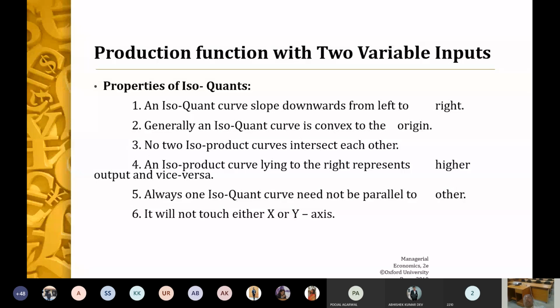So the one on the right will definitely be producing a higher quantity. One isoquant curve need not be parallel to the other. It can be, but it need not always be parallel. It will not touch either the X or Y axis. These are the 6 properties of isoquants which you will need to remember.